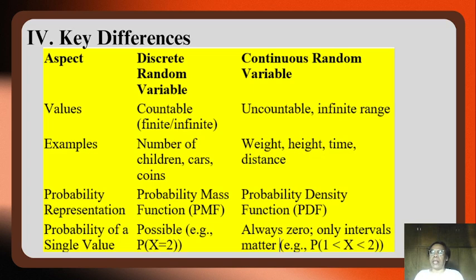And for a continuous random variable, the probability of a single value is always 0. Only intervals matter. For example, the probability of x is greater than 1 but less than 2.